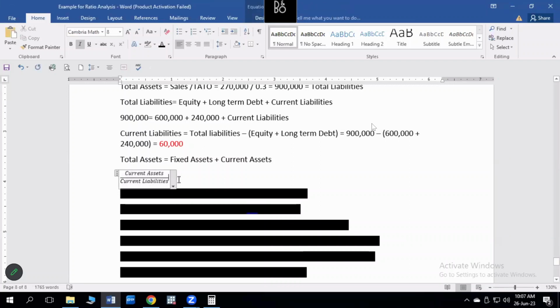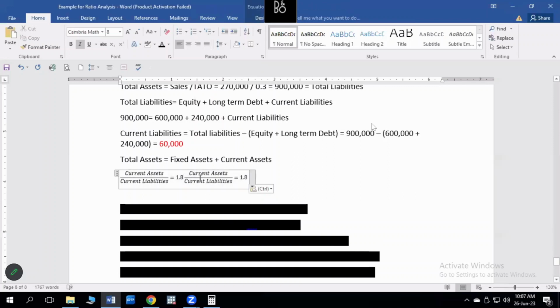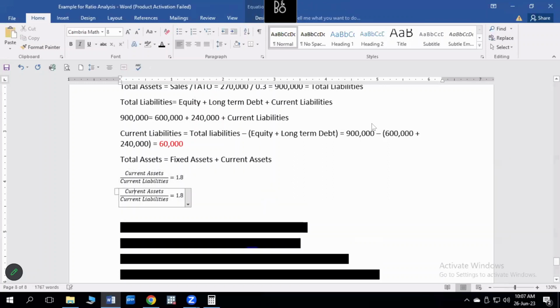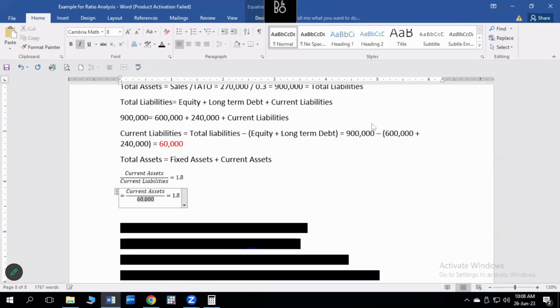In the equation it is given as 1.8. And you substitute that further. Current liabilities you are given, you know that 60,000 is there, as you have found earlier.